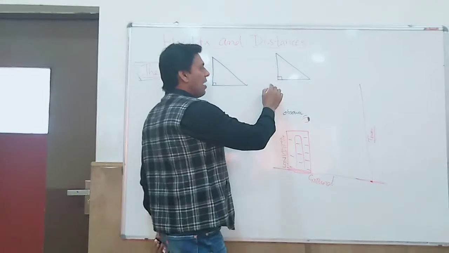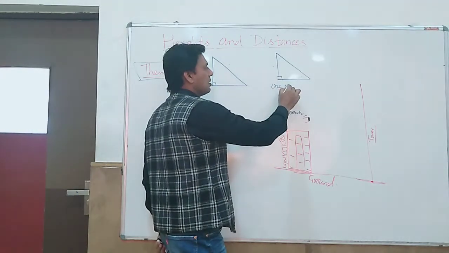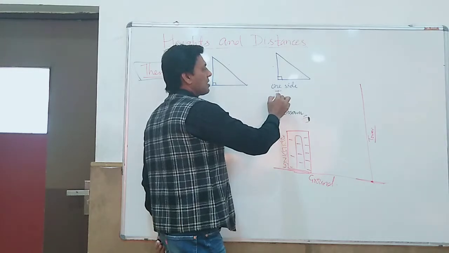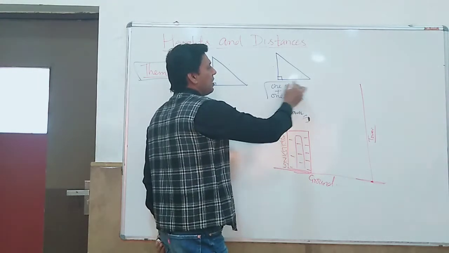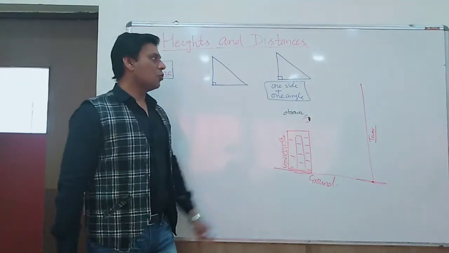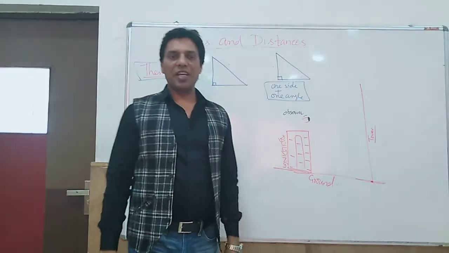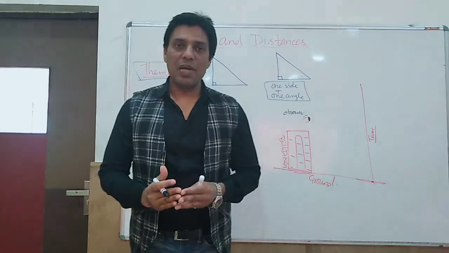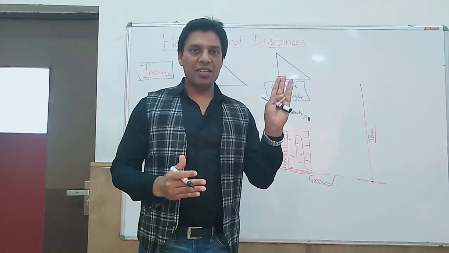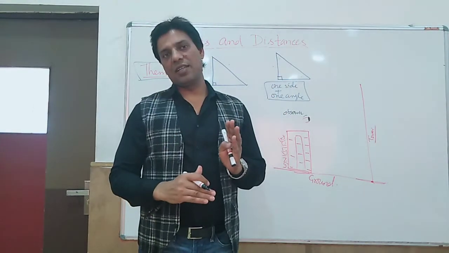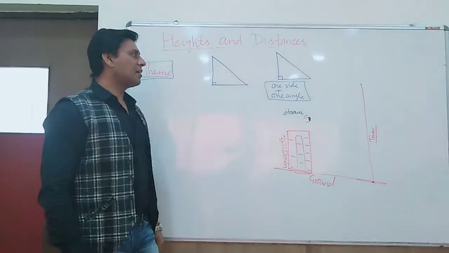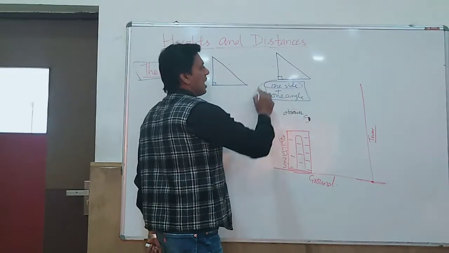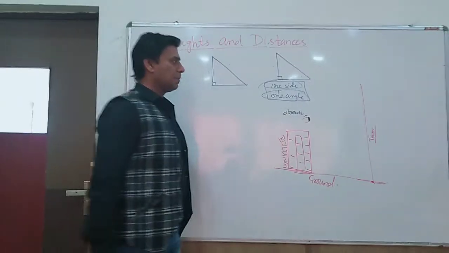That means we will have one side plus one angle. Then by using these two and the skills of trigonometry, we are able to find the second side and the third side.